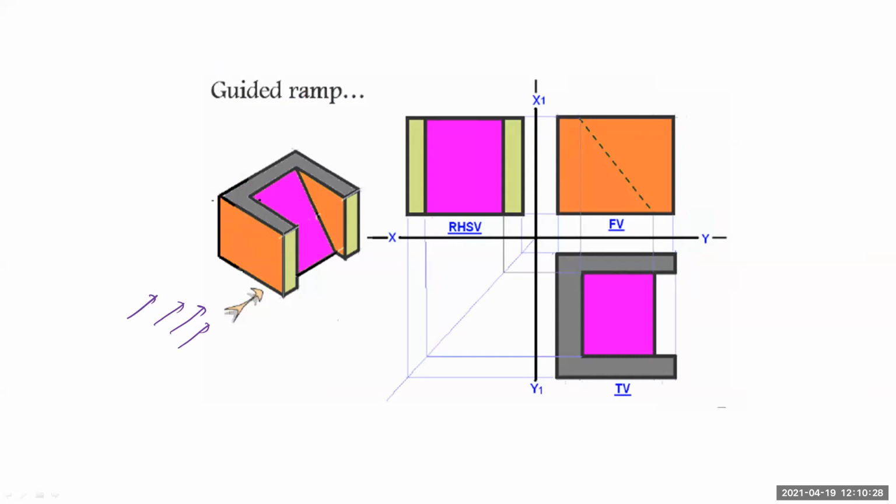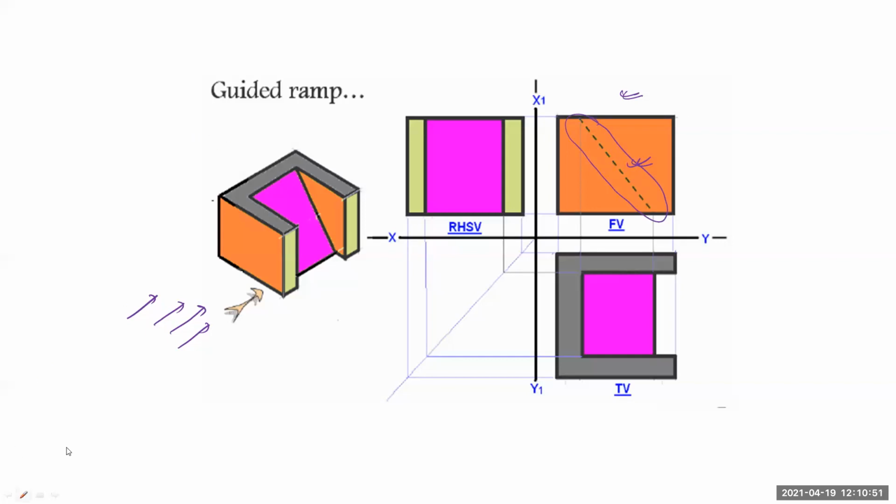So this orange color face is drawn in your front view. You can observe here, in your front view, one dashed line or hidden line is represented. Some section cut is shown at this location. So this is representing this portion.